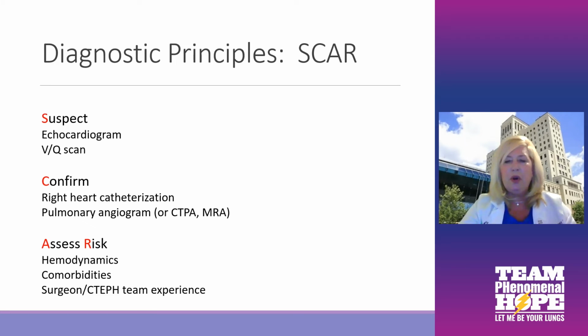You can screen for it and suspect it through an echocardiogram, but you must have a confirmation right heart catheterization. So that's really an important concept to take home with you tonight. It's very, very important. Confirmation must come from a right heart catheterization.